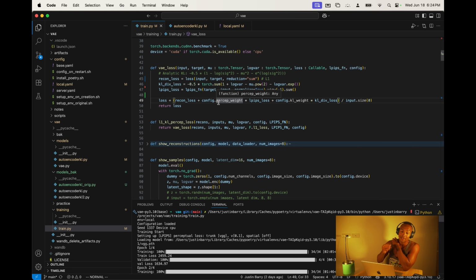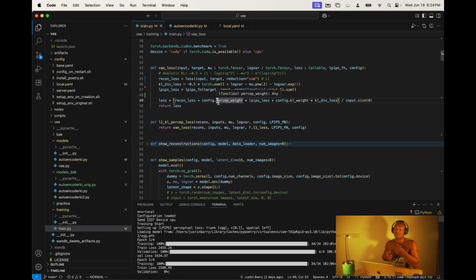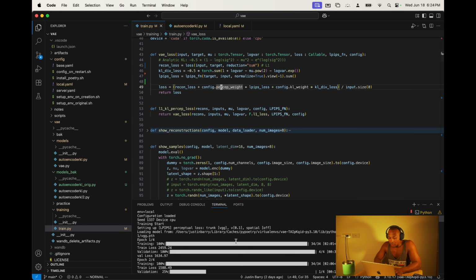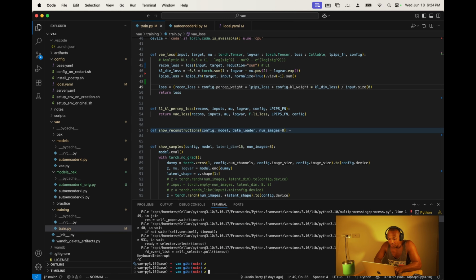It's just penalizing your images for not being sharp enough, for not having the proper texture. So yeah, it looks like our model's training, no issues.